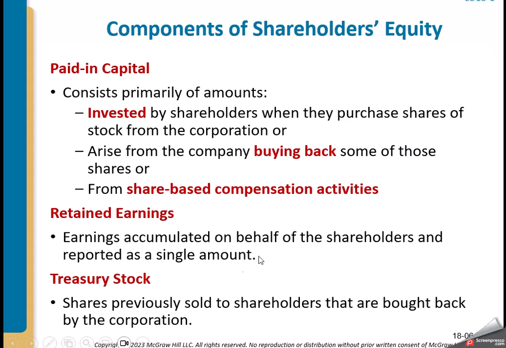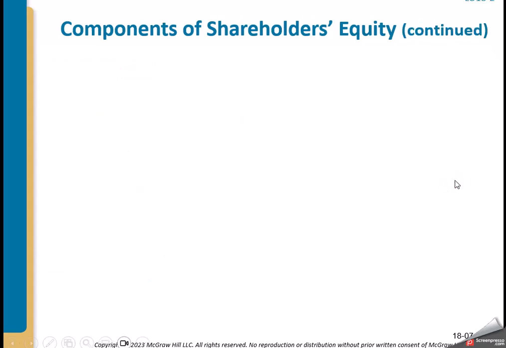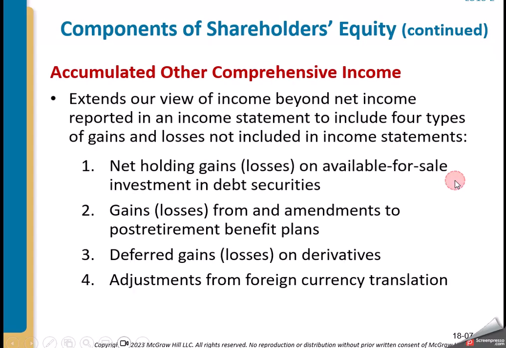And then treasury stock is when the company goes back and buys its shares of stock that are outstanding, but does not retire them. They can go back and buy them and retire them, which means they will never issue them again. But when they buy them and hold them for some future purpose, that's what we're going to call treasury stock.